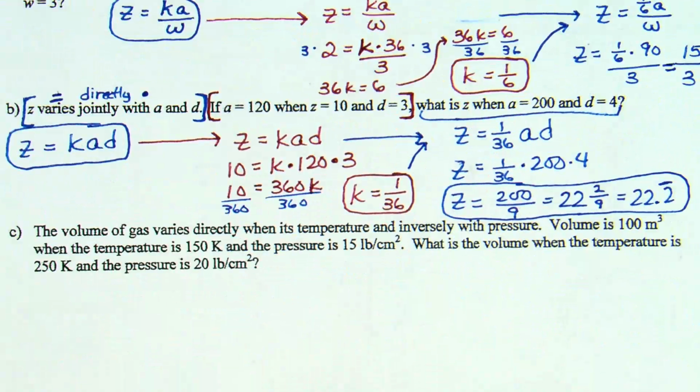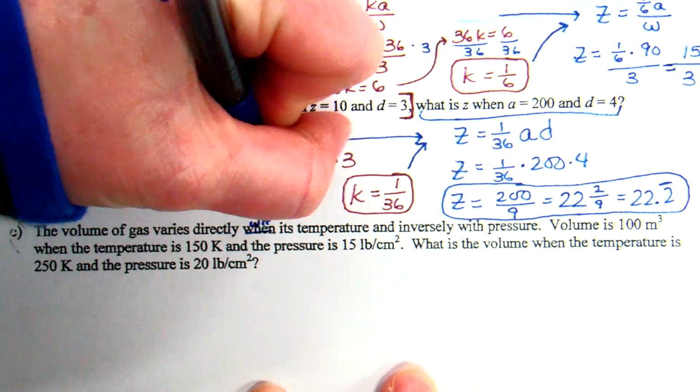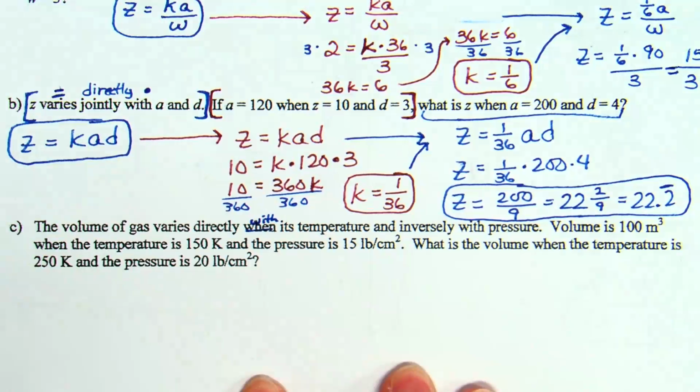The volume of gas varies directly with its temperature and inversely with pressure. Volume is 100 meters cubed when the temperature is 150 Kelvin and the pressure is 15 pounds per centimeter squared. What is the volume when the temperature is 250 Kelvin and the pressure is 20 pounds per centimeter squared?